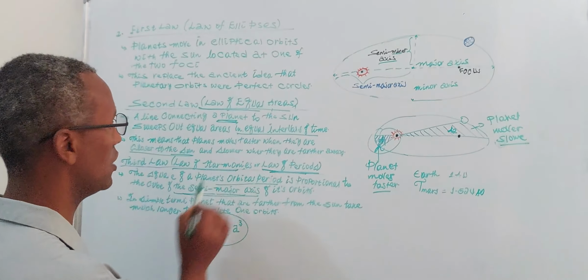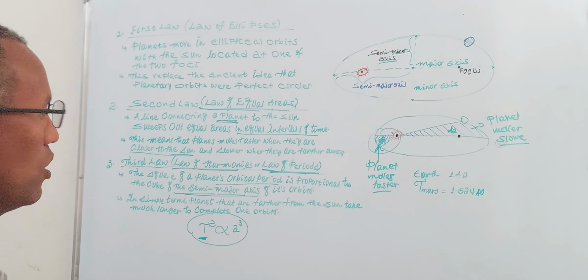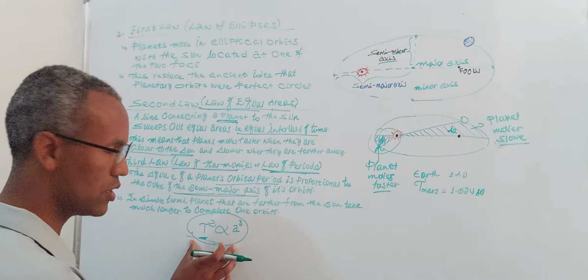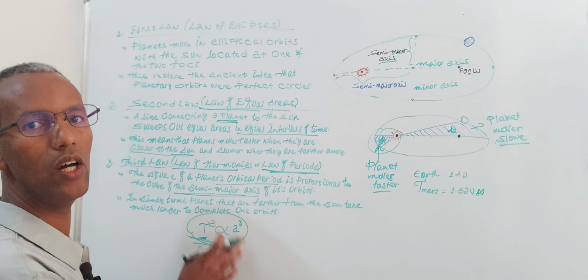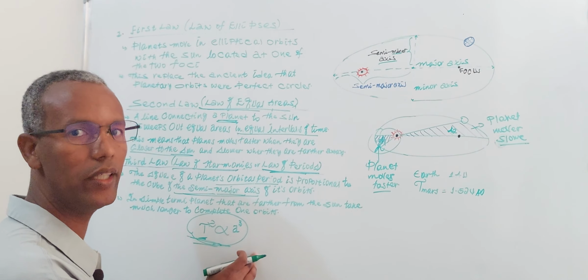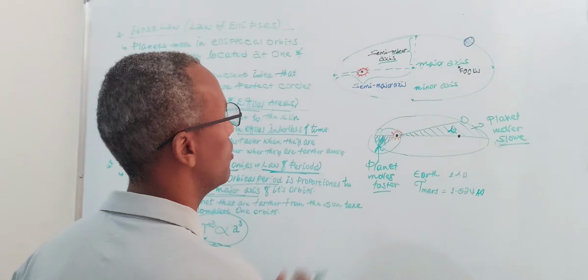Okay, so that is it for this episode. Basically, I just want to let you know this is a direct relationship between the orbital period and the semi-major axis. As you can see, this is the semi-major axis.